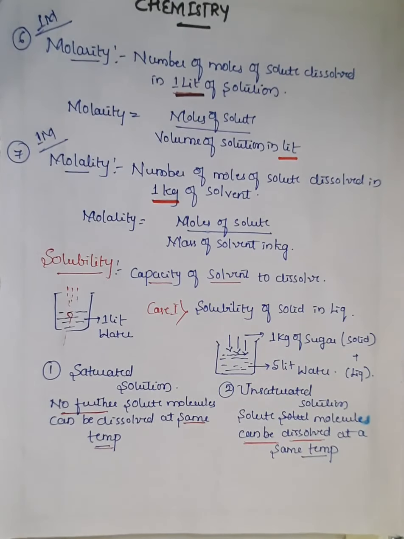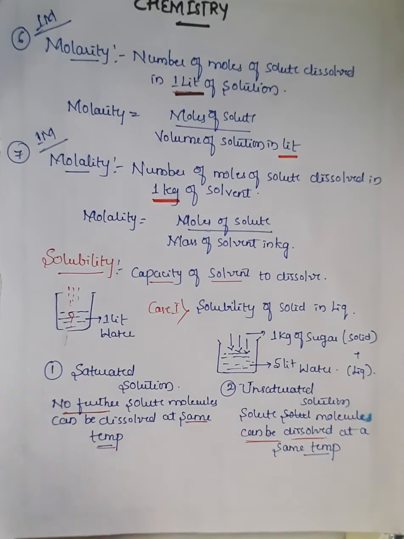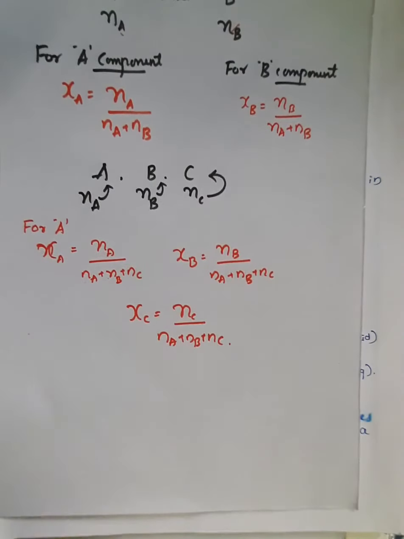Okay, the next important concept in this chapter is solubility. Further, we'll study solubility. Solubility is the capacity of the solvent to dissolve. For example, here I will do some rough work.